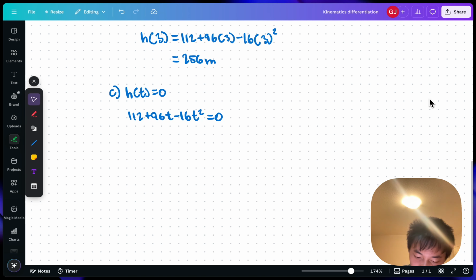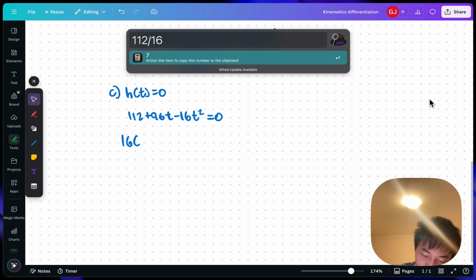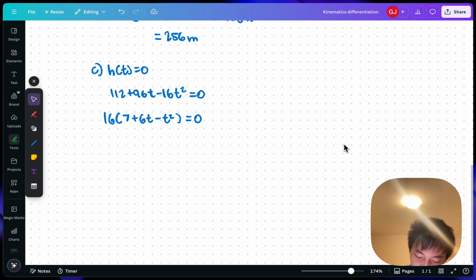And we can factor out 16 here, which would give 7 plus 6t minus t squared equals 0. And now we can factorize that quadratic equation inside there, and we want it to multiply to -7 and add up to 6.